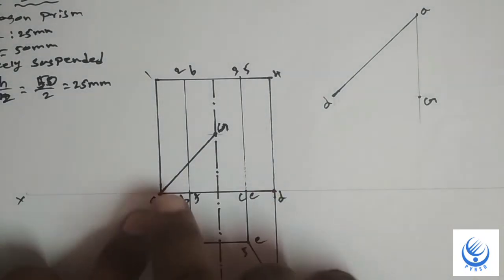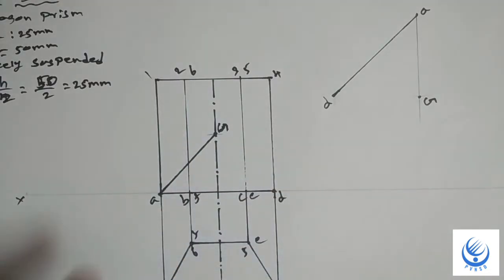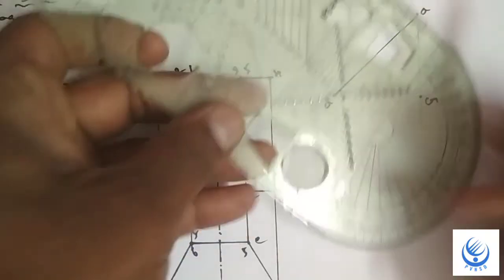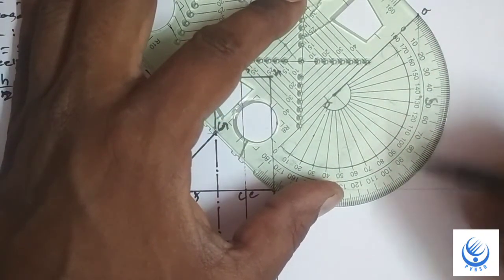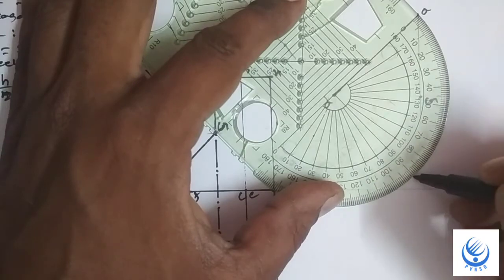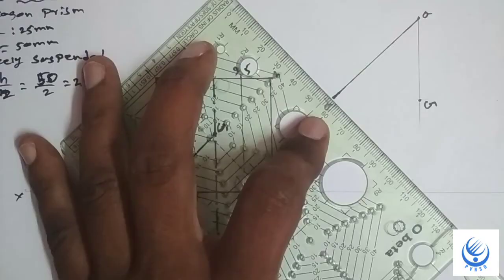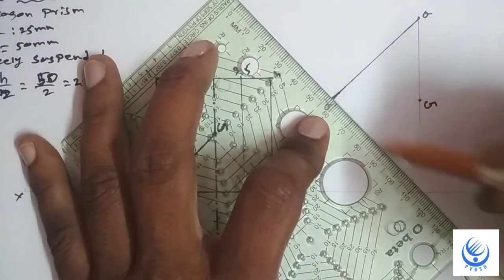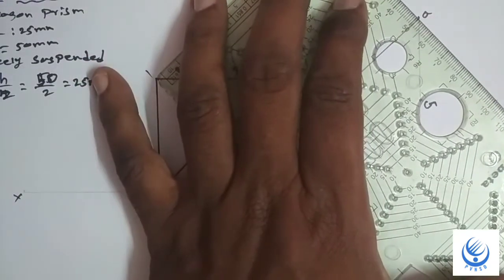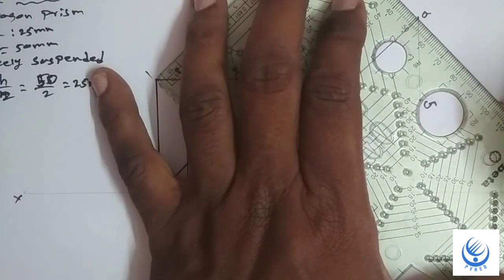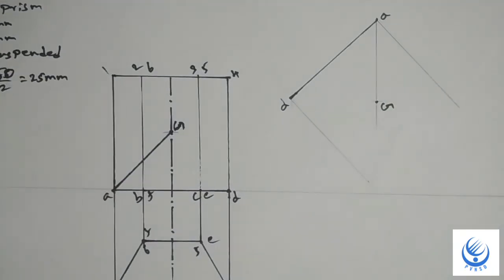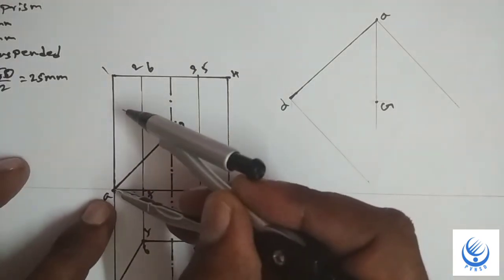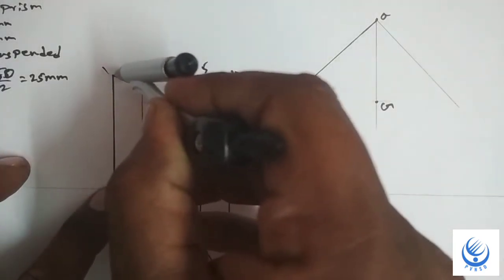This is the base, and on this base the line is perpendicular, so draw a 90 degree line at points A and D. The line length is 50 mm, the height is 50 mm.